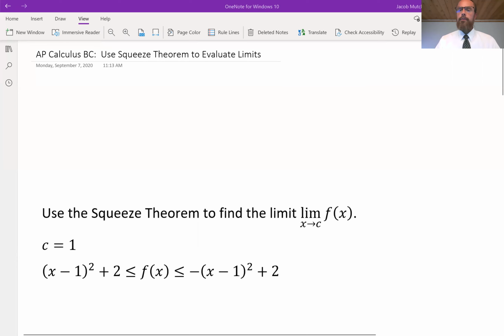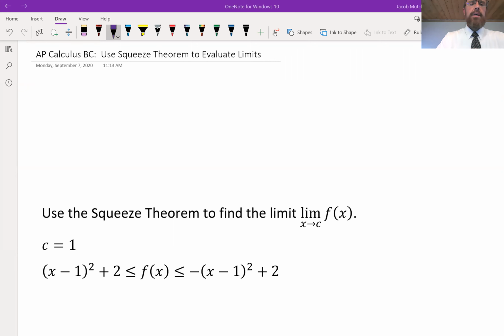So we've got our first function to consider here, squeezed between two other functions. Let's state the squeeze theorem again, just so that we have it in our minds how that works. We've said it in words in the intro. What we want to do is catch what it looks like algebraically and then graphically. So I'm going to say I have two functions.